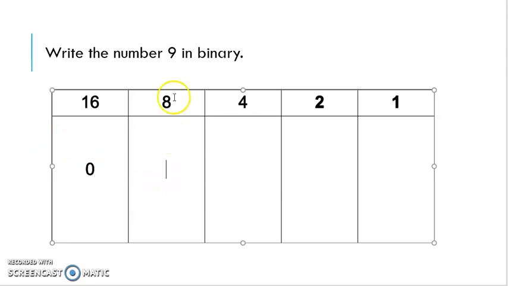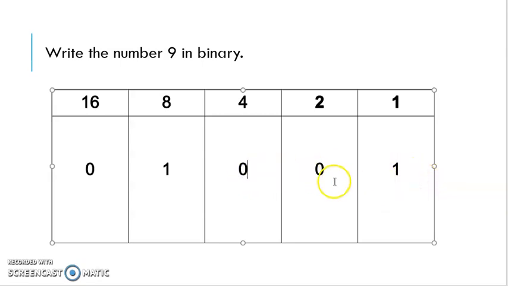8 does fit in number 9, so I can use that switch. Now that's started to make it a bit easier, because I need to now get from 8 to my target number of 9. So I need to work out which number I need, and we all know that is 1. So I can simply go over here and say, the binary number 9 looks like that.